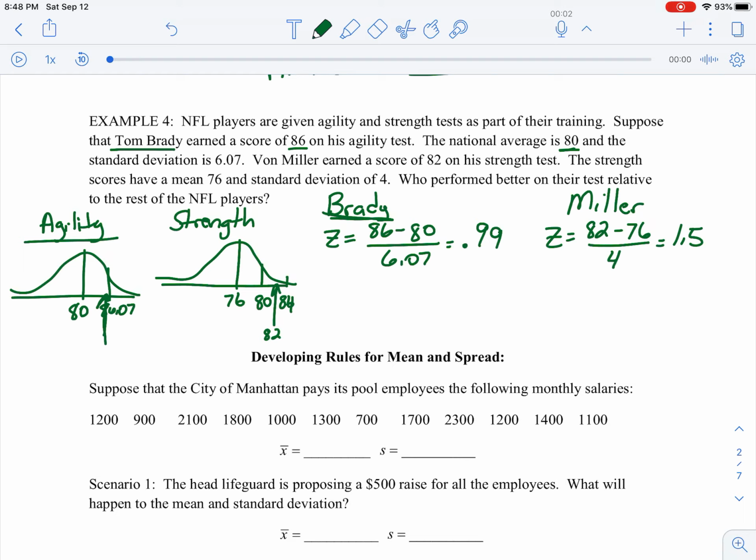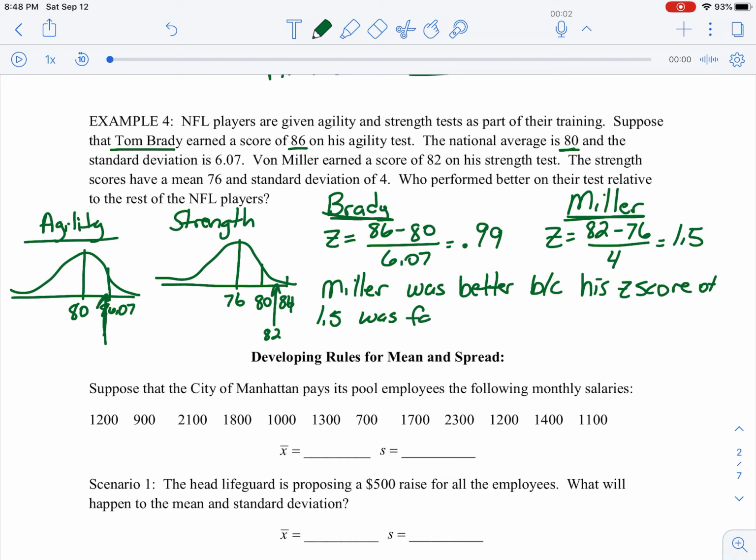Now we have both Brady and Miller with their test scores converted into standardized scores, which are z-scores, and from this we can say Miller was better because his z-score of 1.5 was further from the middle.